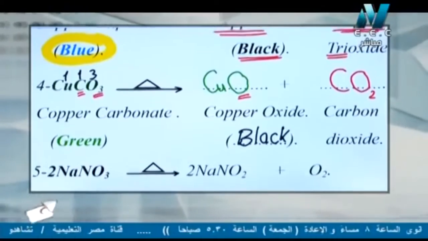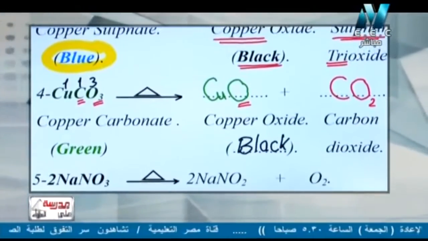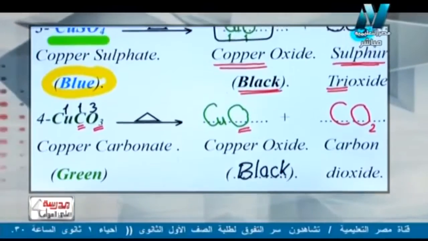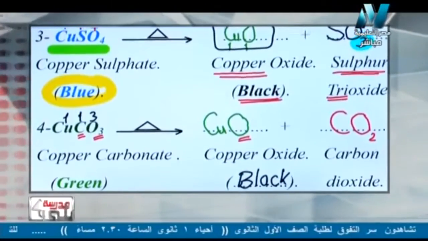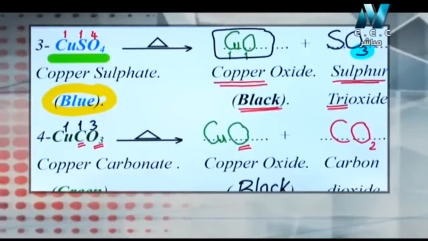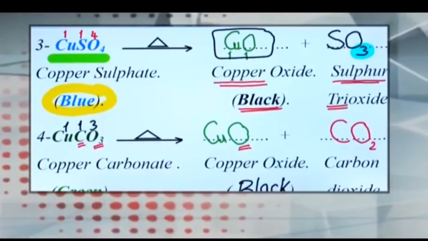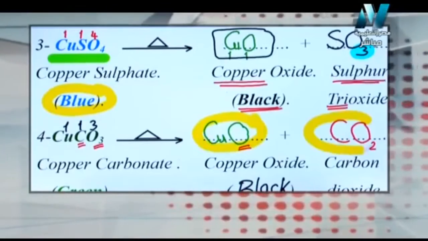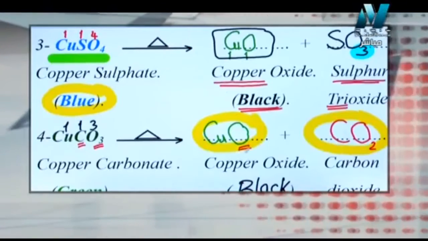So this problem must be solved in 2 steps, 2 equations. Number 1, thermal decomposition, as it is written on the monitor. CuCO3 decomposed by heat into CuO plus CO2. CuO has black color.